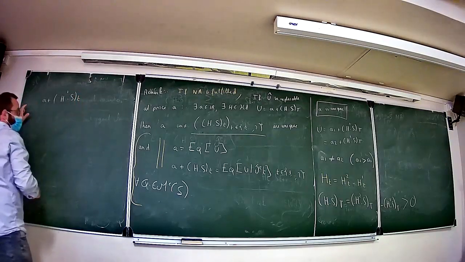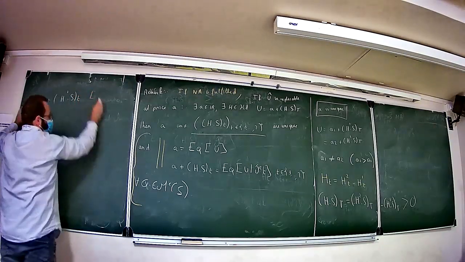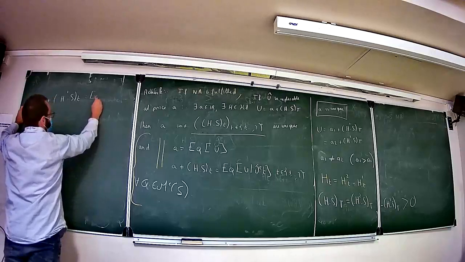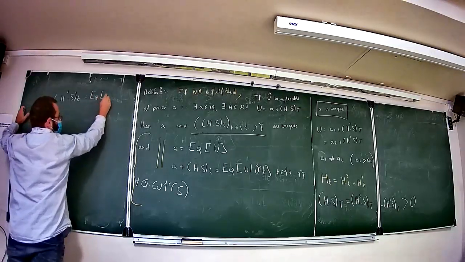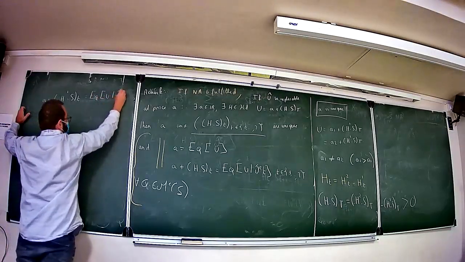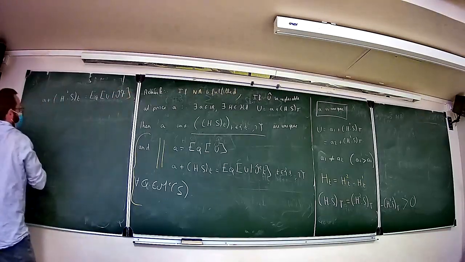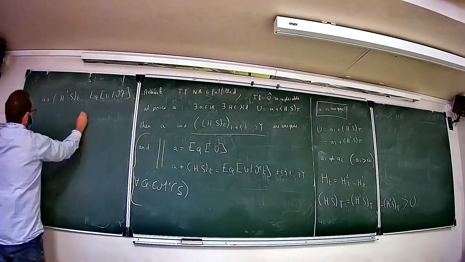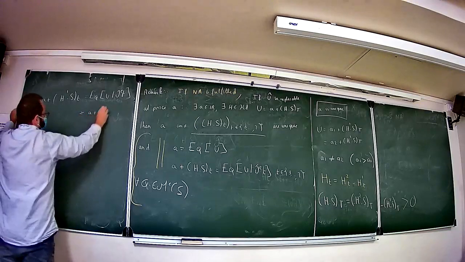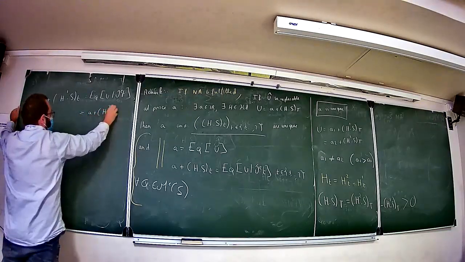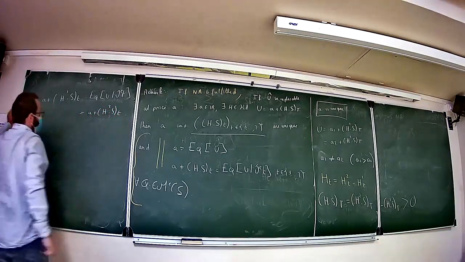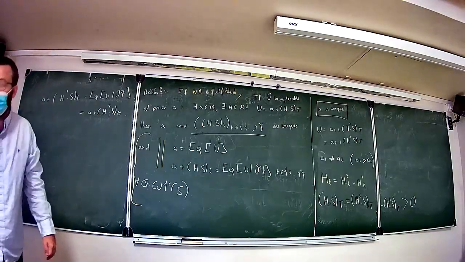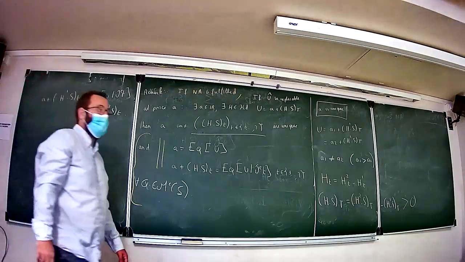Suppose that you have two strategies that work. From this line I have already proved, I can say that I have this, that is also equal to A plus H2 S_T. And so I have my result.